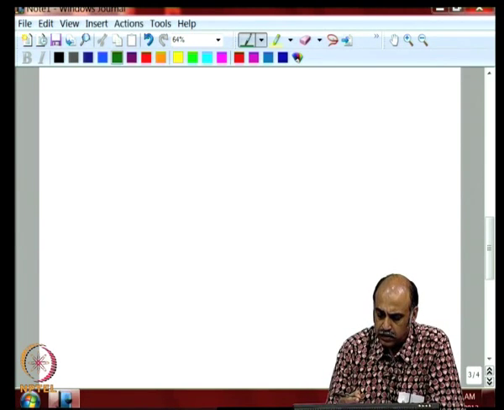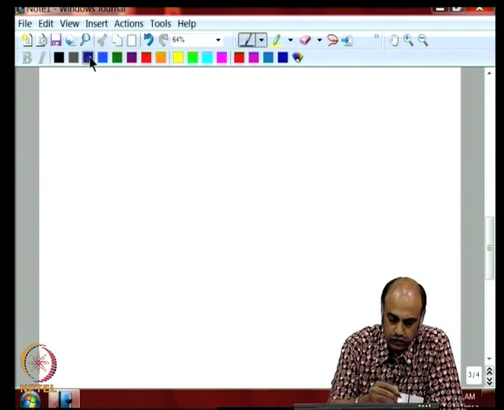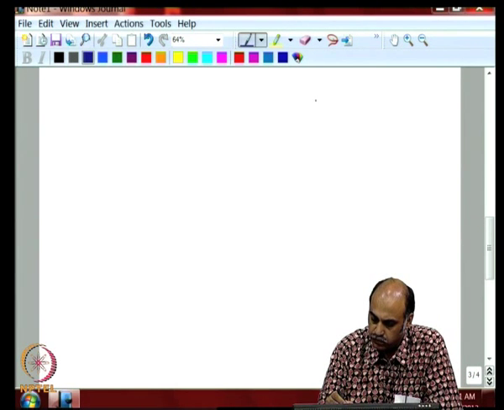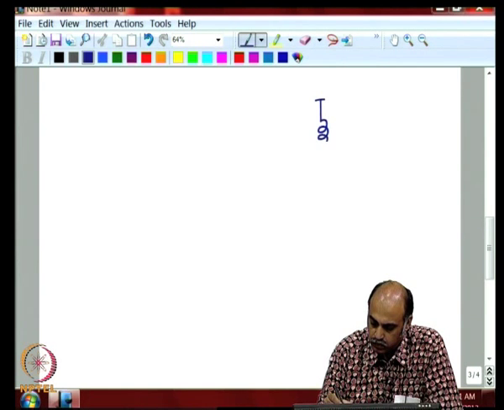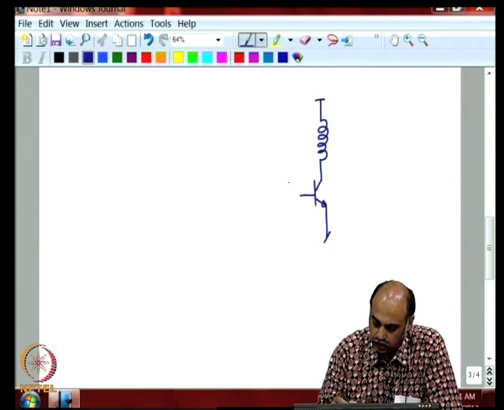So, if we take the flyback converter, it is of this form. You have the flyback transformer, which is also actually an inductor, where I am using this BJT or an IGBT. You can replace it with a MOSFET, IGBT or BJT.